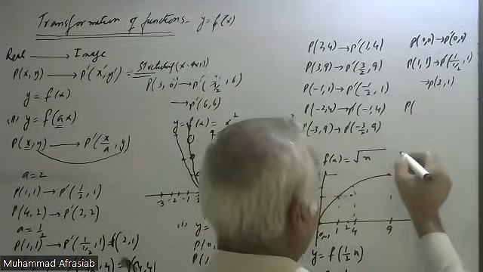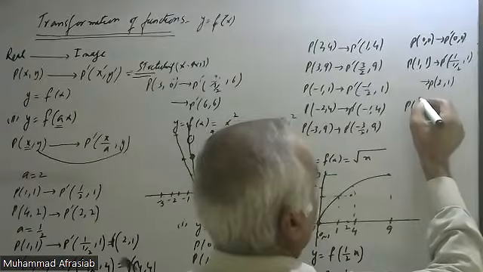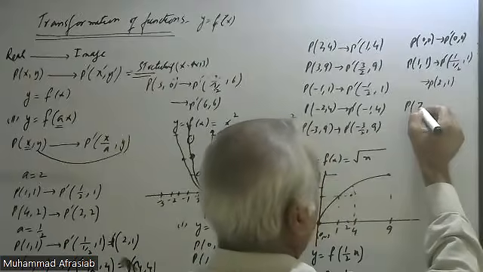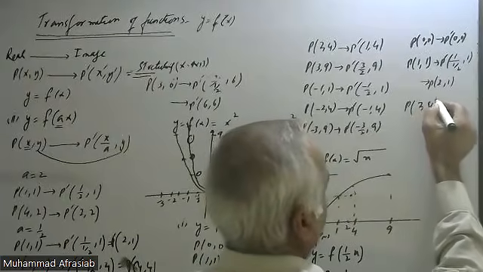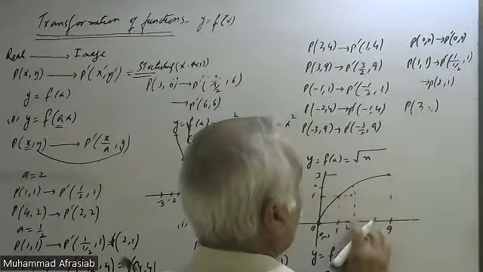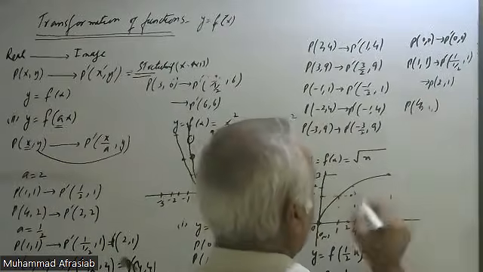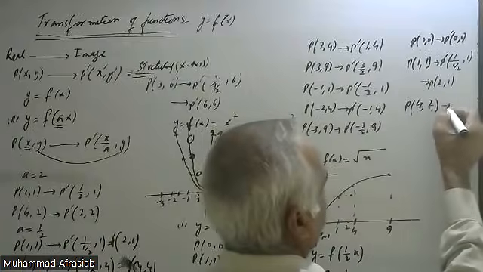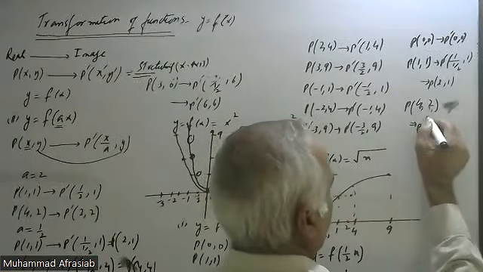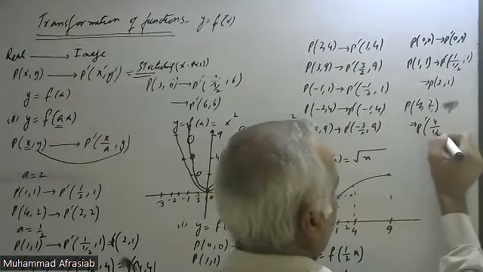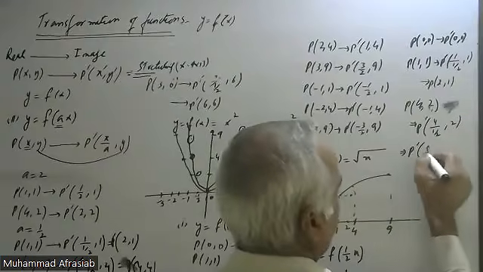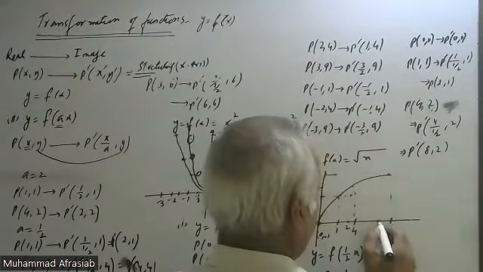If P is equal to 4 and 2, then P dash will be equal to 4 over half and 2. So that means P dash will be equal to 8 and 2 there.